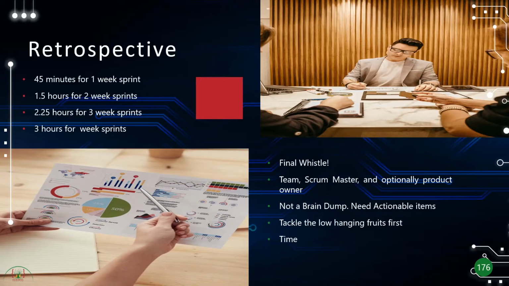You need to allocate people who will be working on those items so they get done. And you also have to track it and make sure those items are done. That's where you get more value out of the meeting. Again, tackle the low-hanging fruits first, which are easy to resolve. And it's also time-boxed, so make sure it ends on time.